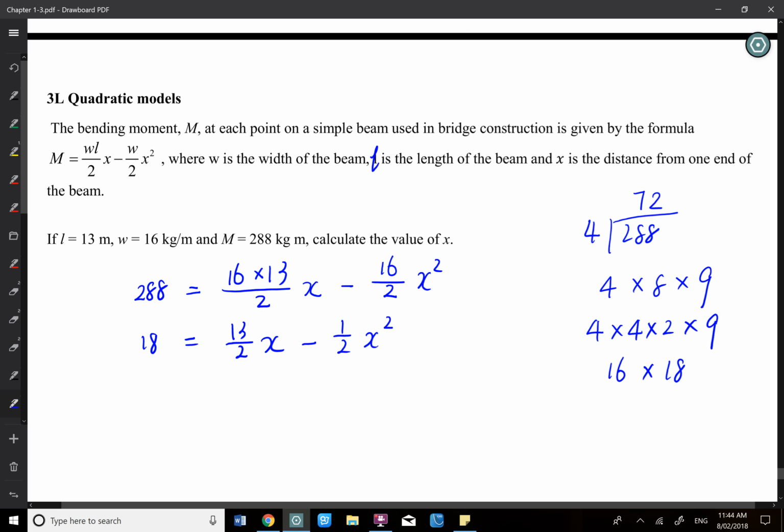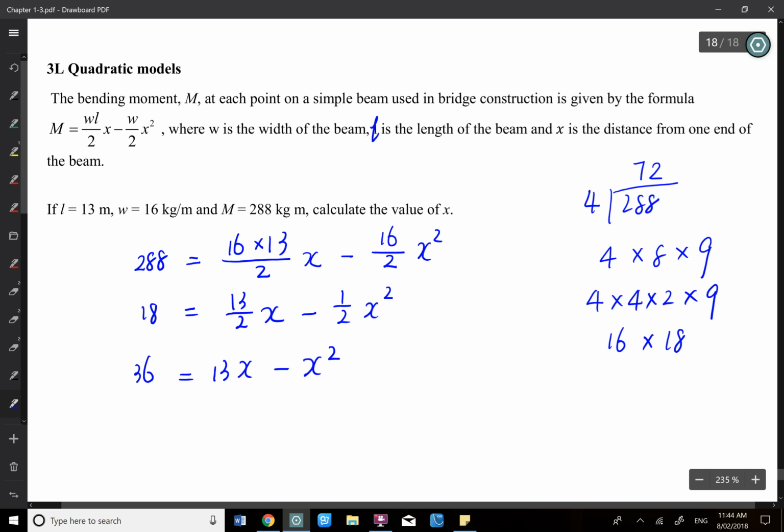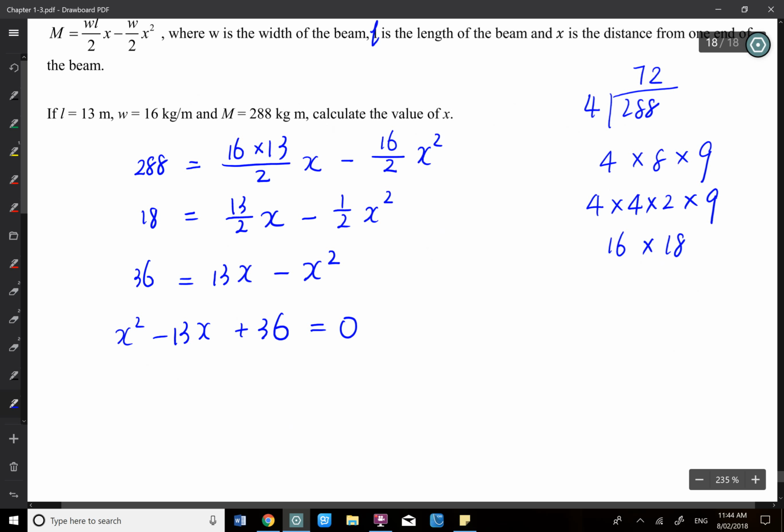Well, I can times by 2, 36, 13x minus x squared. I can put everything to one side, equals to 0. 1 minus 4 minus 9 should give me a minus 13.